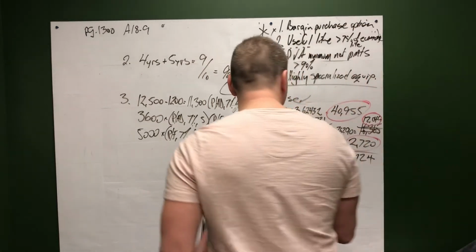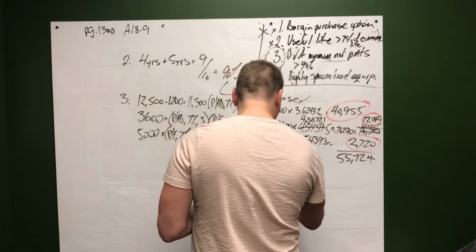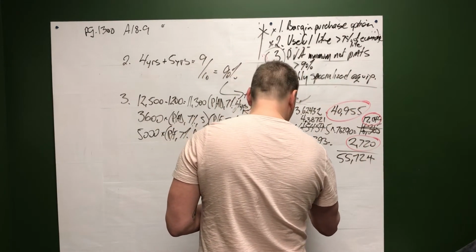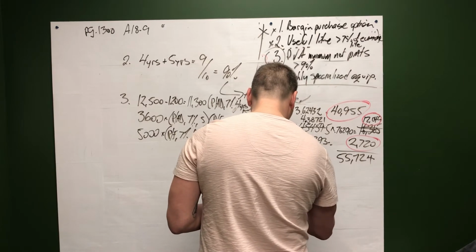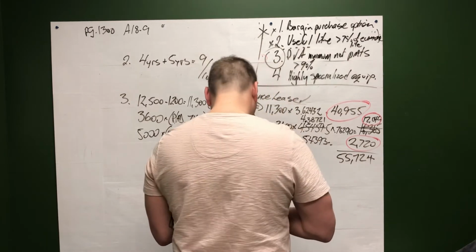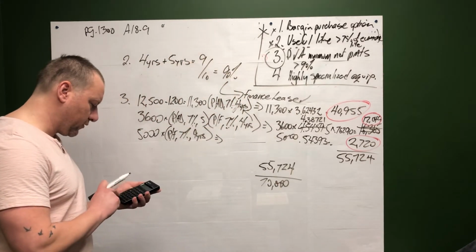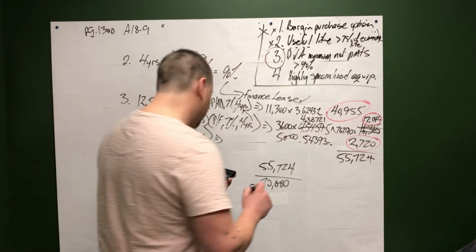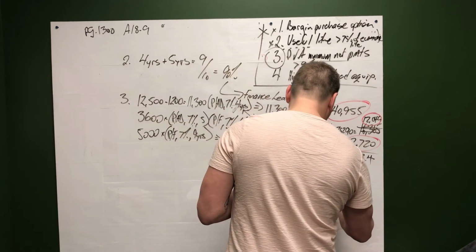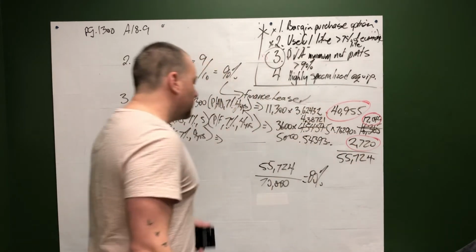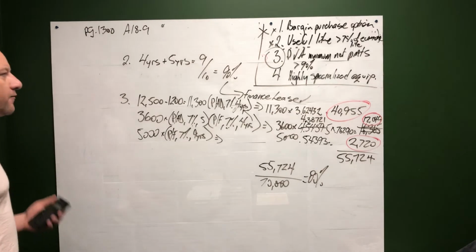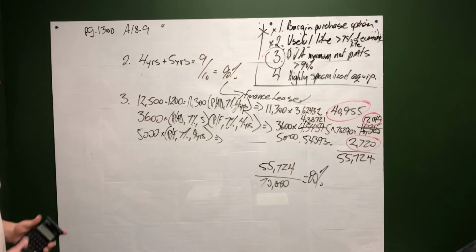So 55,724 divided by 70,000 equals, let's just say 80%. So this is an example of where we have to go through each step.